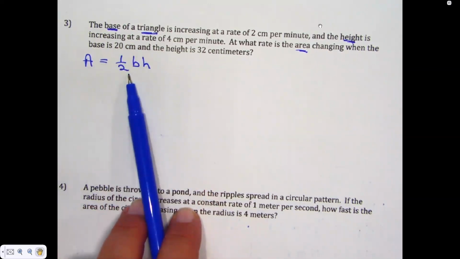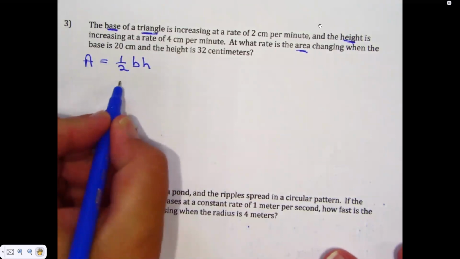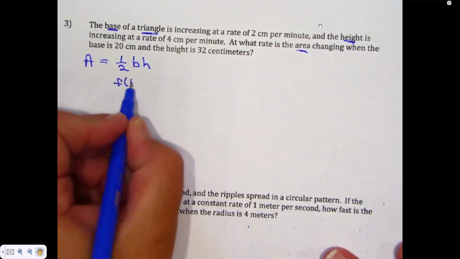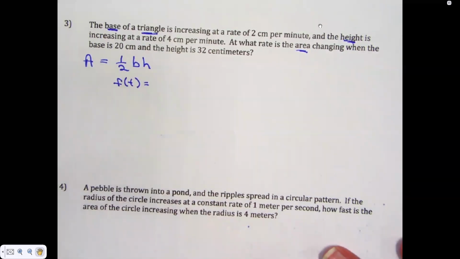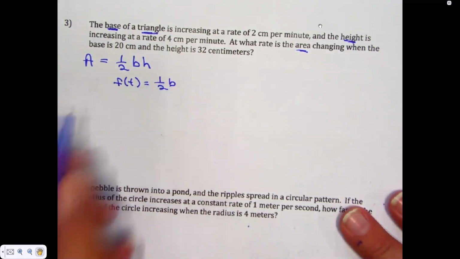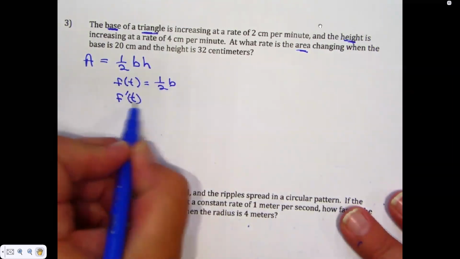Product rule. Okay. So let's go ahead and set this up. Let's do f, instead of x, let's do f of t. F of t is going to be 1/2 b. What is its derivative?